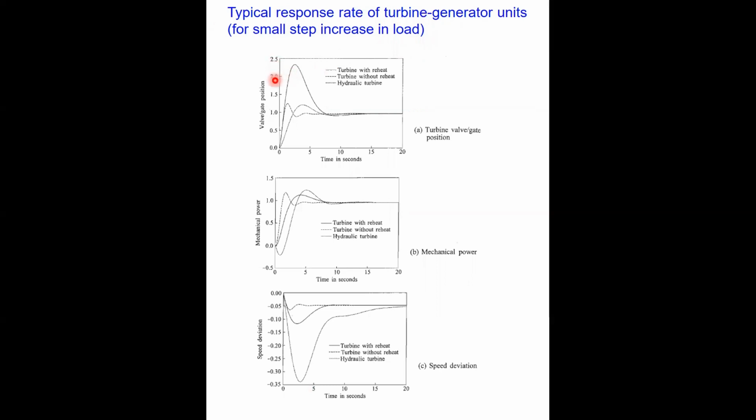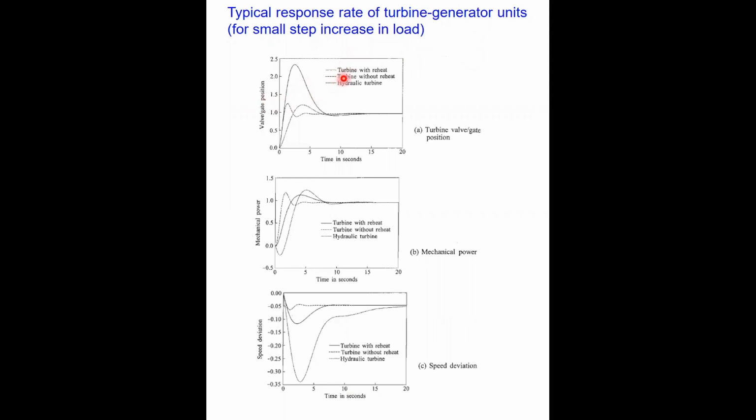As you can see on this axis, it is how the valve gate position varies with respect to time, and then how the power from the turbine varies with respect to time, and then the speed deviation with respect to time. So we have a small step increase in the load.